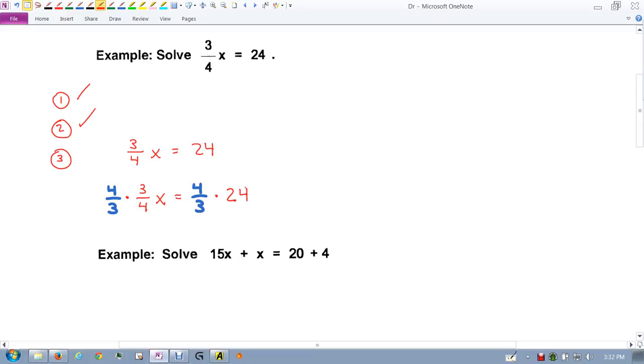It multiplies out to be a 1. So 1 times x is just going to give us the x. And on the right side, you actually have to do that multiplication. Remember that that's 24 over 1. I believe you can reduce this fraction first, right? Doesn't 3 go into 24? 8 times. And so 8 times 4 is 32. So you should get 32 here.